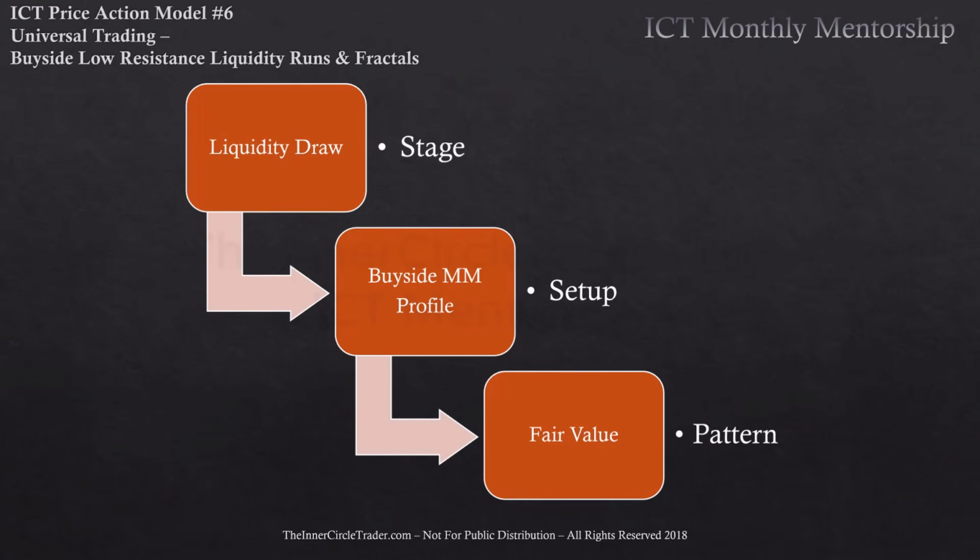And you're going to see how we can break down the market from a fractal standpoint and use the information with low resistance liquidity runs. But initially we have to know what the draw is on liquidity. In other words, where is price right now and where is it most likely reaching up to?